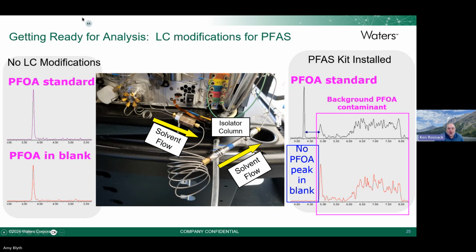That's to hold up all the contamination in the system prior to seeing your analytes. On the right, it shows the kit installed. When you inject your standard, you see the standard, but there's no peak in the blank. Ultimately, that's what you're shooting for: no background peaks in your solvent blank system, which you heard either Andrew or Jennifer talking about.